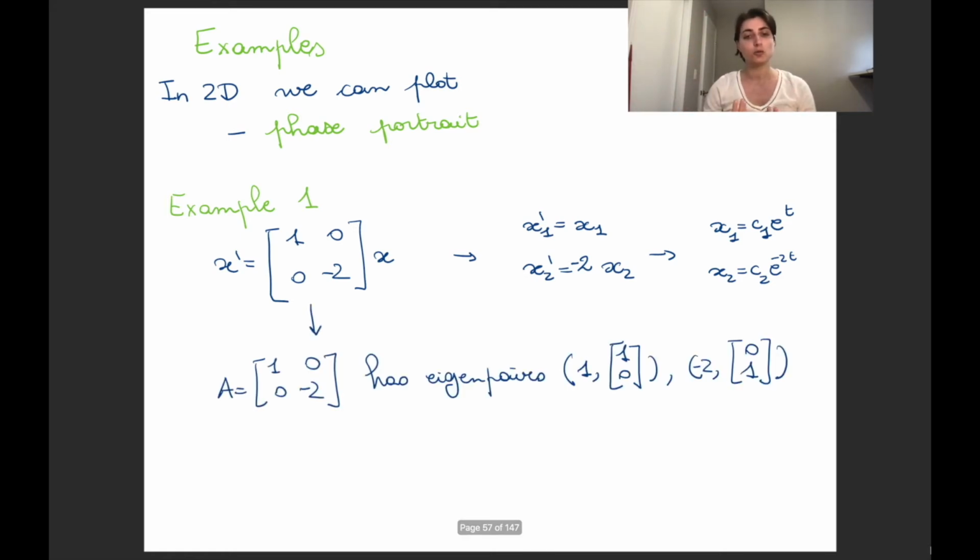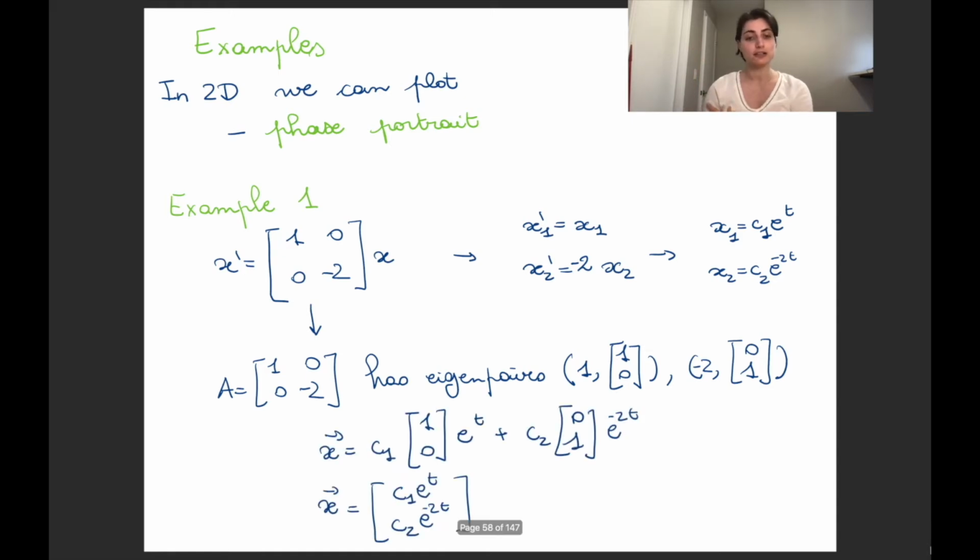Then we can also do what we have talked about. We compute the eigenpairs. That means the eigenvalues first and the eigenvectors later of the matrix A. And this turns out to be a couple. The first eigenpair is 1 associated with the eigenvector 1, 0, and the second eigenpair is minus 2 associated with the eigenvector 0, 1.